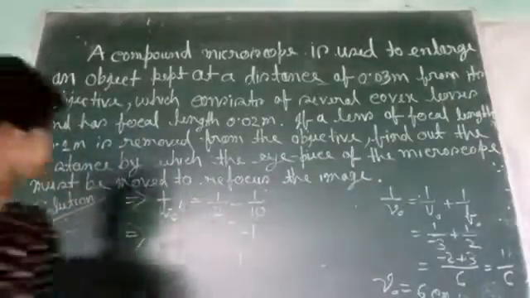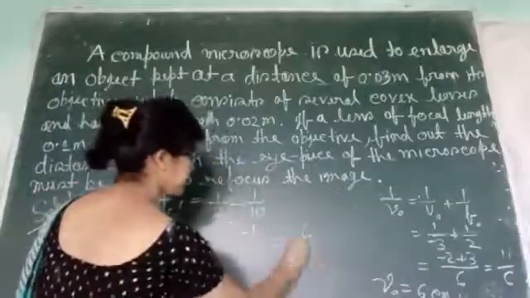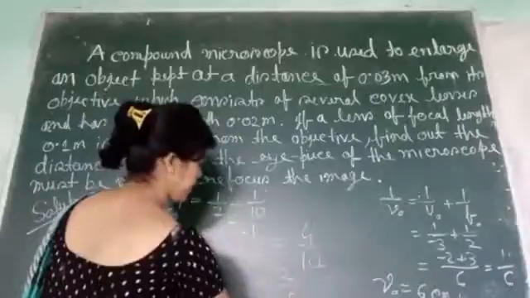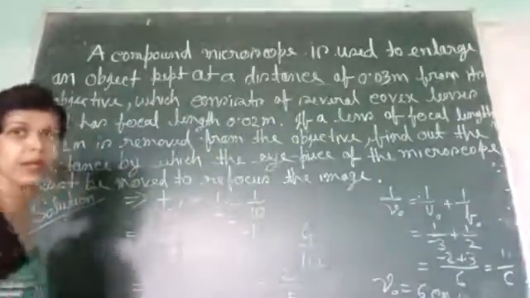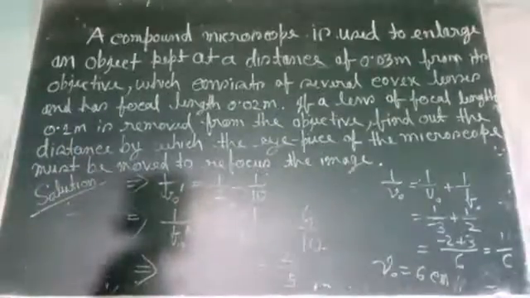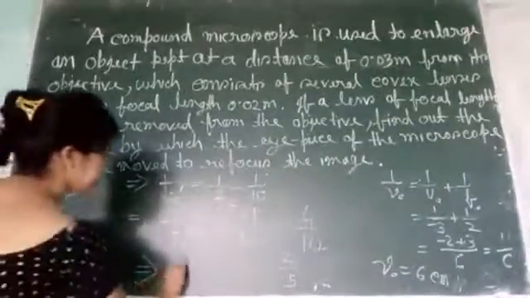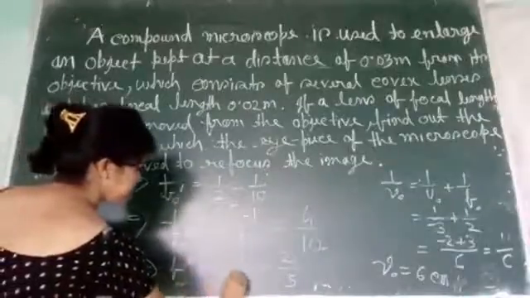So what is the result here? 4 by 10, this is equal to 2 by 5. So f naught dash will be equal to 5 by 2 centimeter.